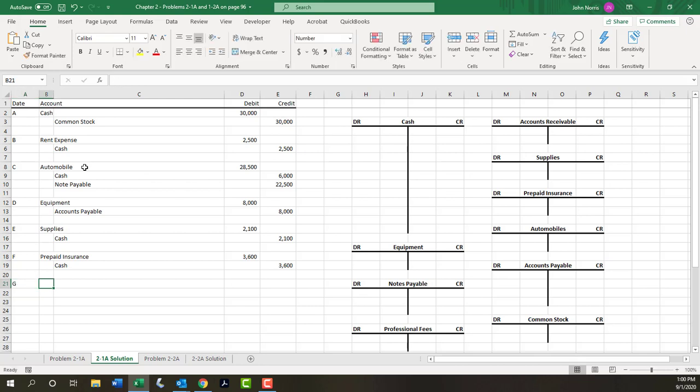G, received cash from clients for plans delivered, $9,000. So that's a debit to cash and professional fees.